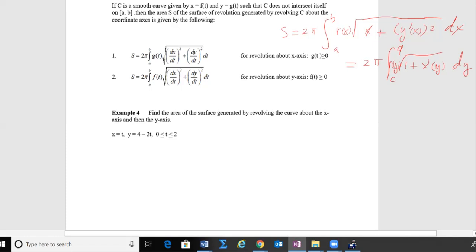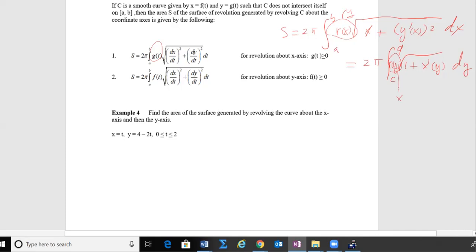Okay, remember with respect to x, this r of x is revolved about the x-axis, so this is actually y, and that becomes just a g of t, because y is g of t. And here you have r of y, but with respect to y, and if you're integrating with respect to y, you're revolving about the y-axis, and this is x here.